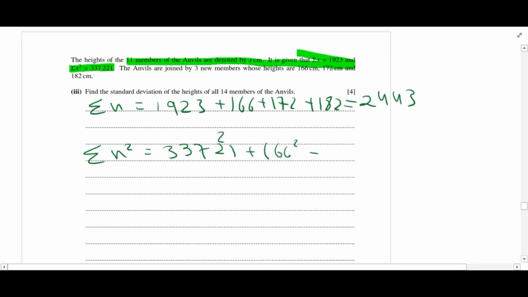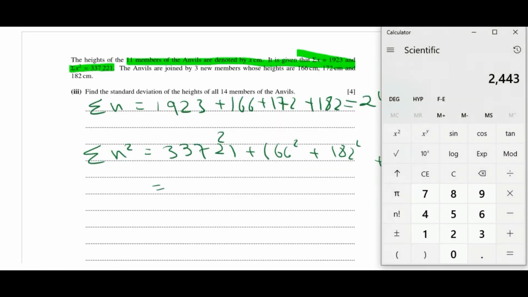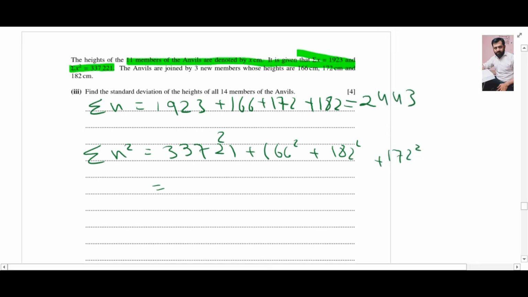Since we know the sum of the previous ages square, now we have to add the new number square so that we would get the total square. That would be 166, 166 square.